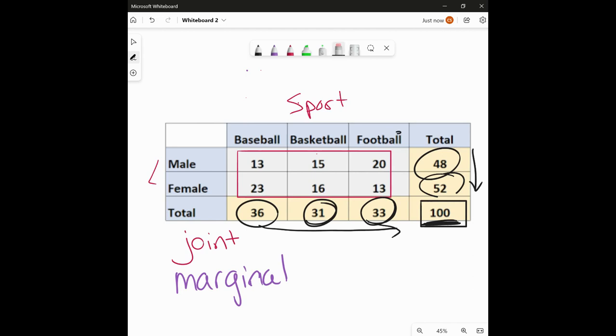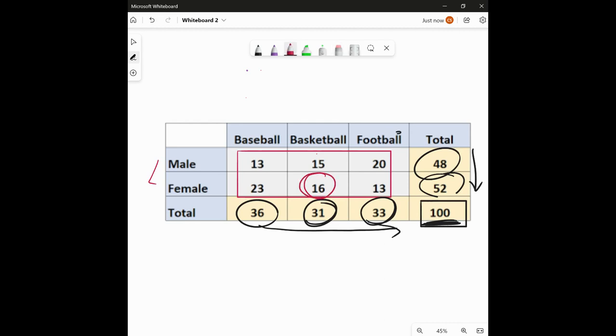Now, what we're going to talk about is our relative frequencies. Relative frequencies typically compare a joint frequency with a marginal frequency. So I may ask you, what's the relative frequency of being a female basketball player in this survey? So I'm going to find the female basketball players. There's 16 of them out of 100 altogether.